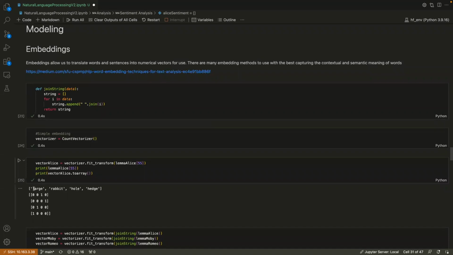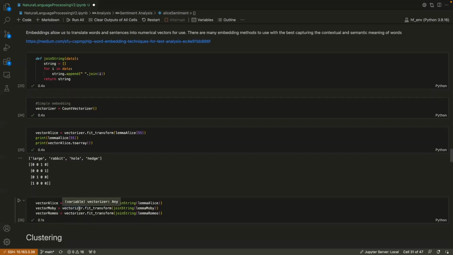So here we have our first clean lemmatized sentence from Alice in Wonderland: large rabbit, whole hedge, and large rabbit. Every word in the sentence gets its own vector where 1 is present. This is because we only have a single sentence. If we had multiple, it would take the entire set of words, and if you had a sentence with 2 of the words, it would have 1 wherever those words are present in the entire vocabulary.